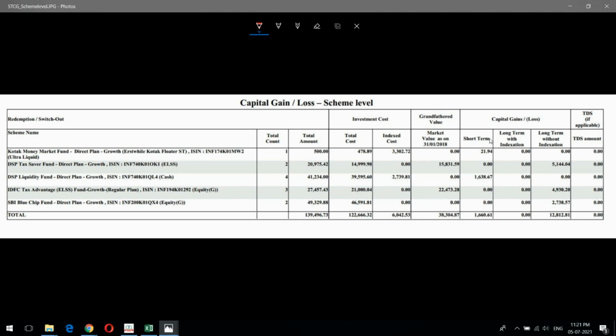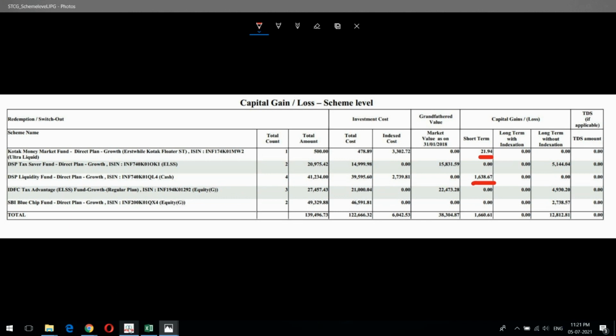In the capital gains, you will see there is short term and long term, with indexation and without indexation. Our focus this time is on short term. If you see, only these two schemes have short-term gain: one is the Kotak Money Market, and second is DSP Liquidity Fund.